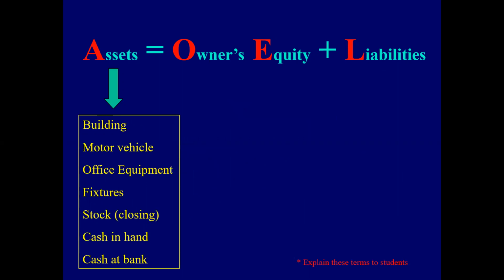So these are all examples of assets: building, motor vehicle, office equipment, furniture, stock. Stock means closing stock. Then cash in hand, cash at bank.